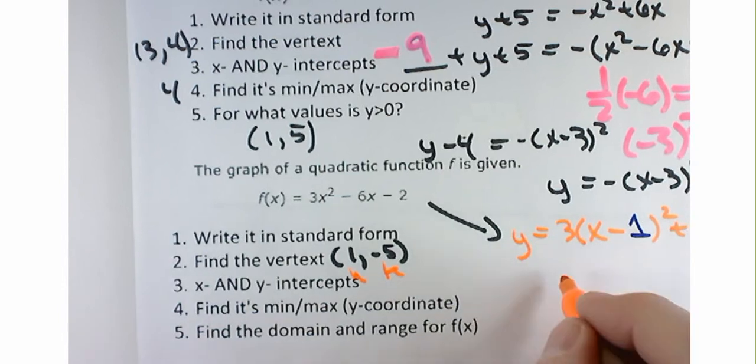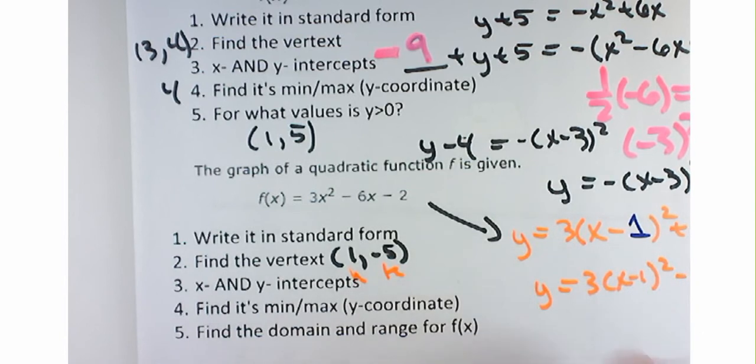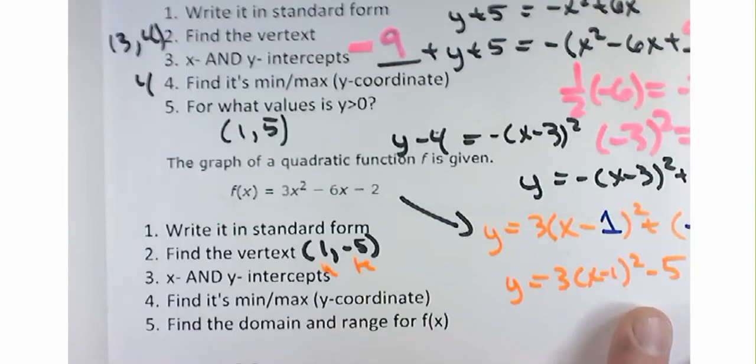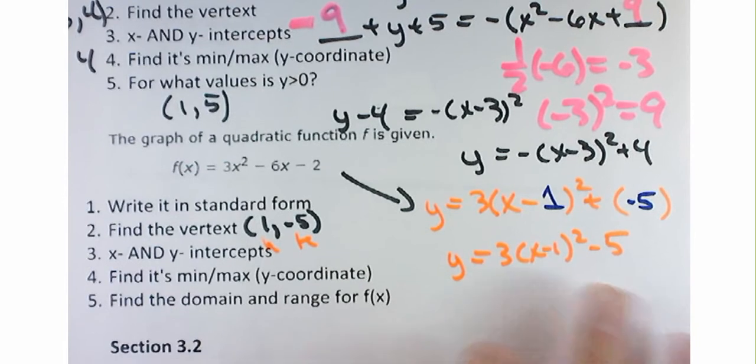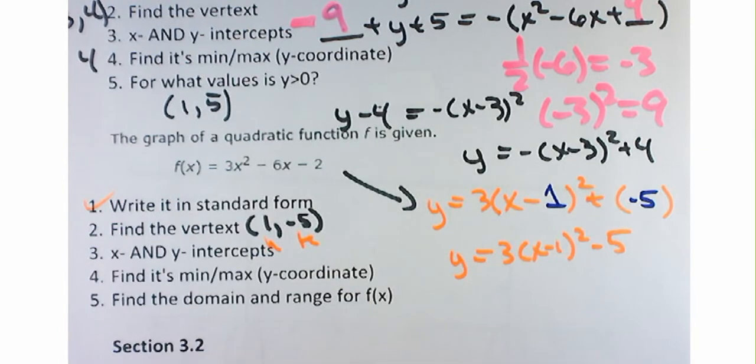I'd probably clean it up like this: y equals 3 times x minus 1 squared minus 5. And you're done. Beautiful. So that's your standard form, a lot friendlier than what we did with the last one.